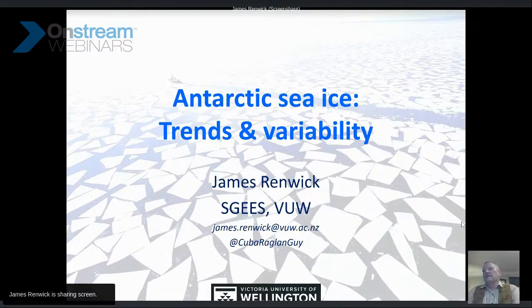So the topic of the talk this evening is Antarctic sea ice, trends and variability. And trends, or the lack of them, has been a big topic of interest for a long time now. The contrast between what's happening around the Antarctic coast and what's happening in the Arctic couldn't be more different, really.